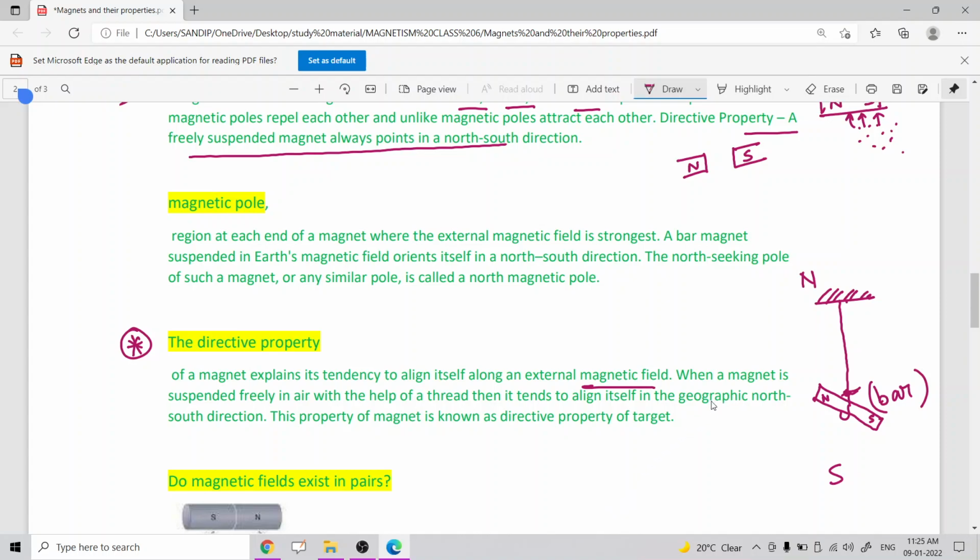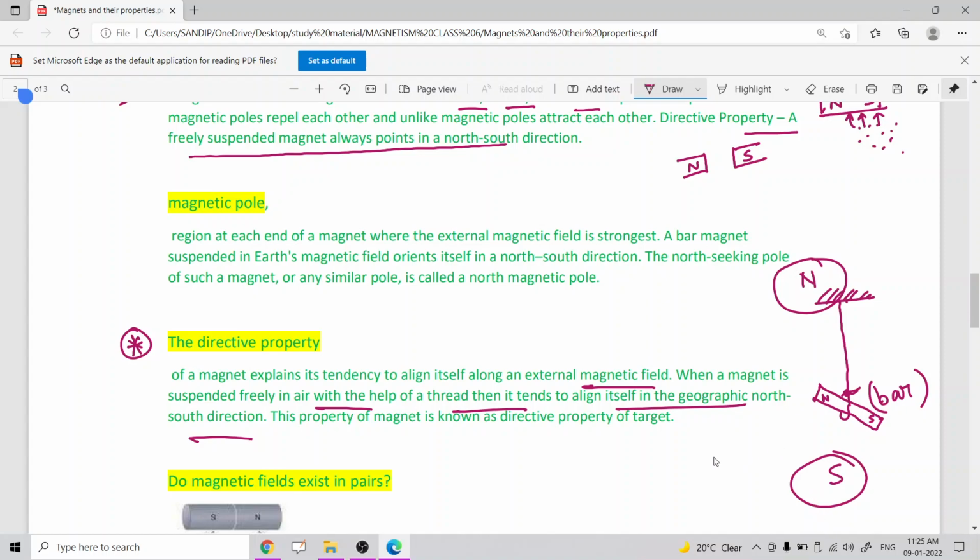Generally, when a magnet is suspended freely in air with the help of a thread or string, it tends to align itself in the geographic north-south direction. So in this direction the magnet always tends to point. This property is called the directive property.